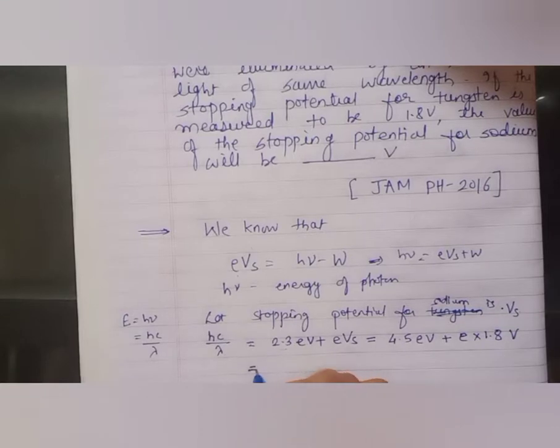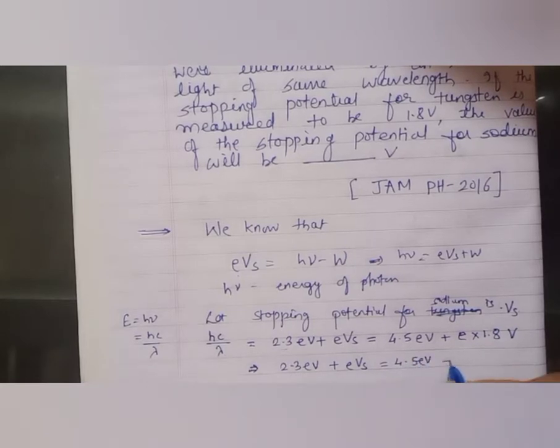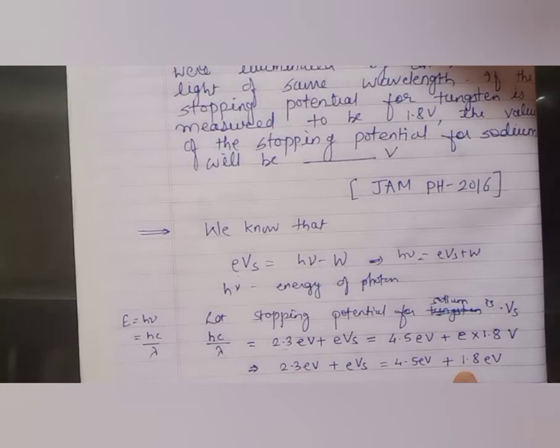So what I am getting is 2.3 electron volt plus eVs equals 4.5 electron volt plus 1.8 eV. So eVs equals 4.5 plus 1.8, and I will shift this 2.3 over to this side.